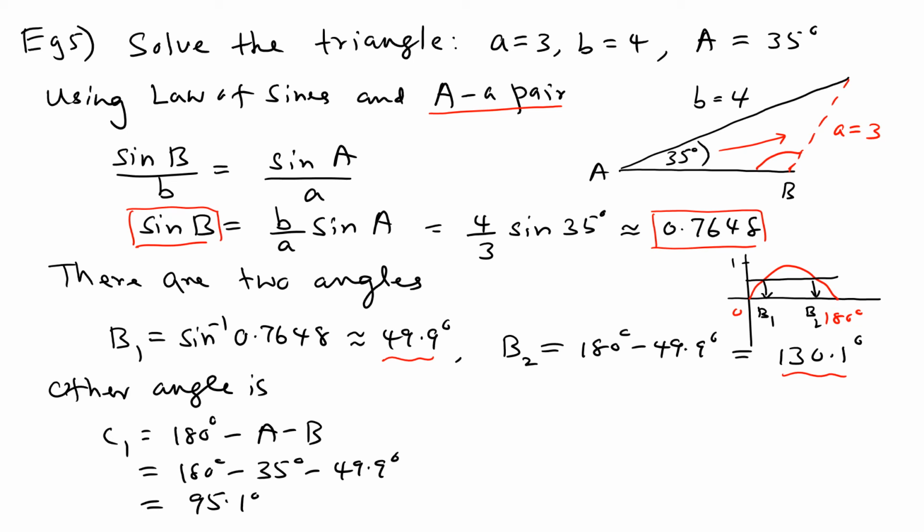And for the other one, C2 is again 180 minus 35 minus 130.1, and you're going to get 14.9. Those are the two cases.